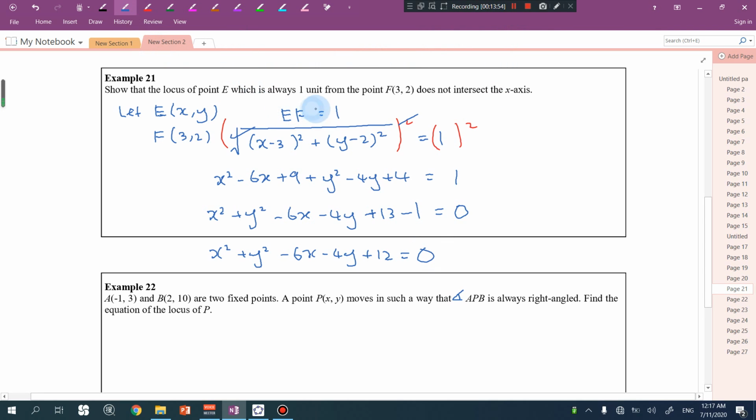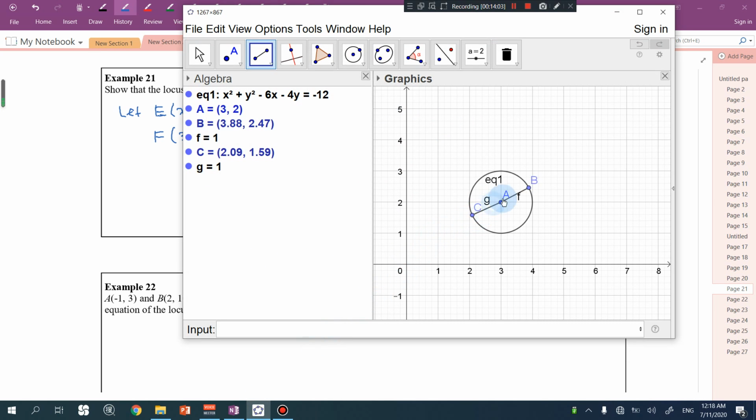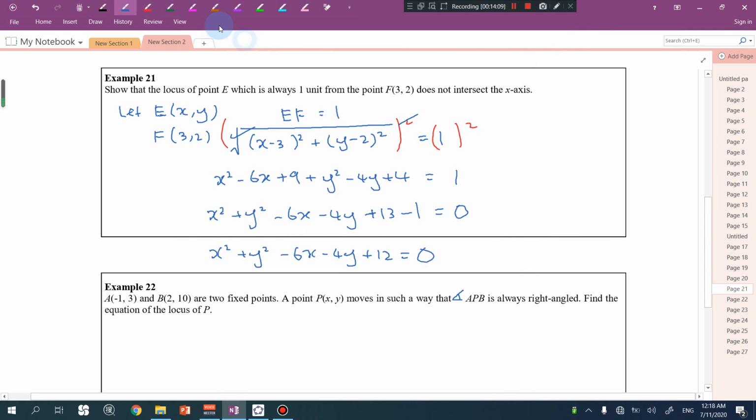So the next step is to show that this locus does not intersect the x-axis. So this is a locus. From here we know this locus does not intersect the x-axis, right? But how do we show the teachers? So we assume that this cuts or intersects the x-axis.